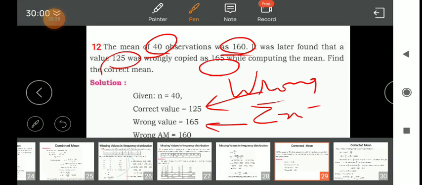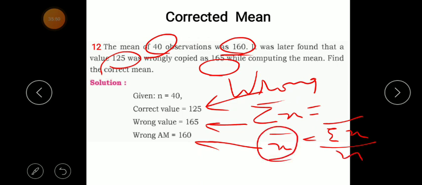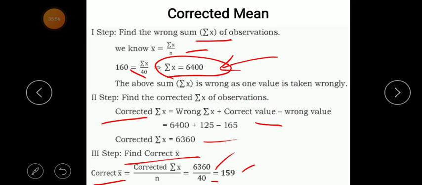How do you find this? You know that x bar equals summation x upon n. Substitute the wrong x bar, which is 160, and n, which is 40. So 160 into 40 is 6400. So you have got the wrong total.